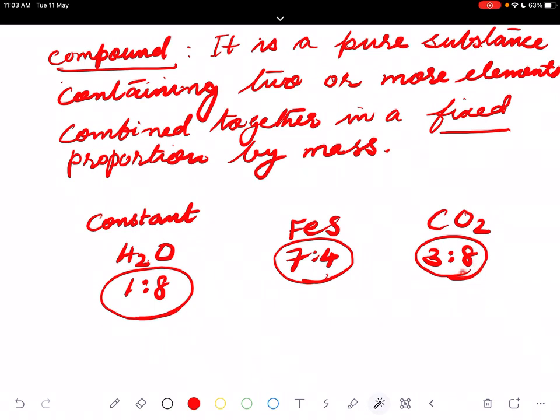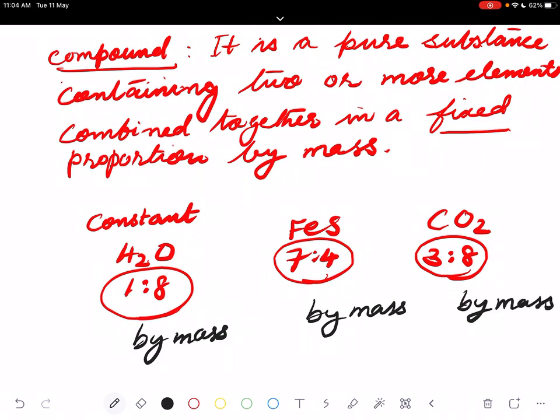So, by mass, this is a constant composition, a constant proportion, definite proportion, a definite composition. Here again, a constant proportion, a constant composition. This is by mass, not by volume.